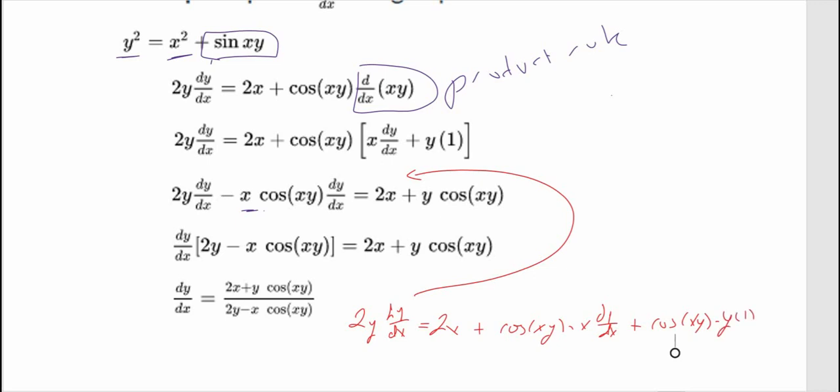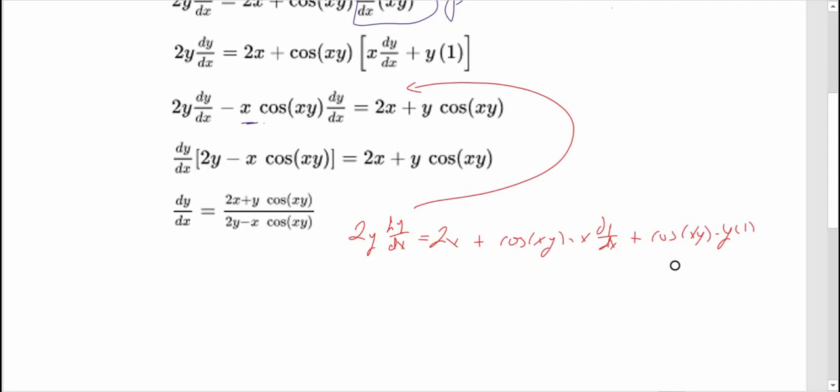I mean, we don't really need the times 1 on there, but just to be a little bit clearer, then we can subtract, because our goal now is to get the dy dx's all on one side and everything else on the other side, right? So now, that next line, we would be subtracting this off of both sides. Okay? And that's what gives us this line here.